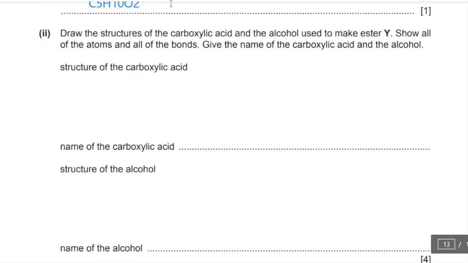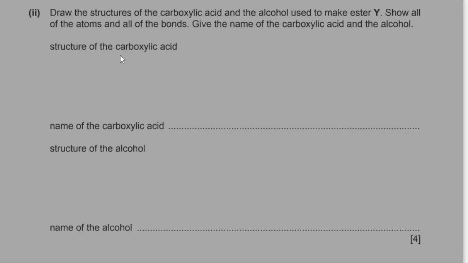So you draw out their structures. The acid would have been carbon double bonded with oxygen with hydrogen on one side and a hydroxyl group on the other side.